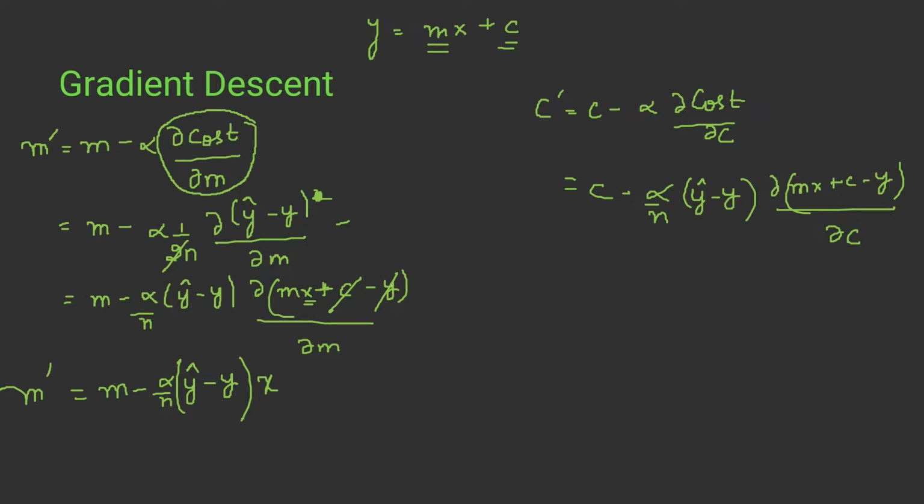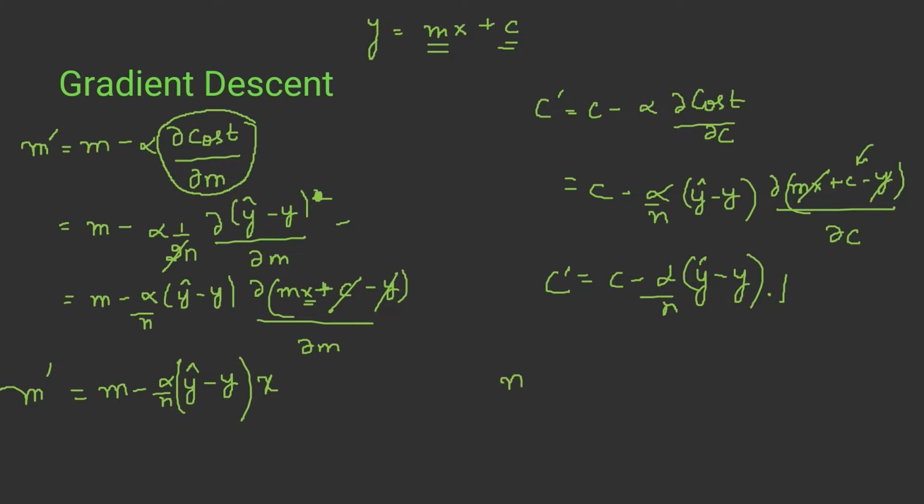And now when we differentiate this function with respect to c, this will cancel out, this will cancel out, and del c by del c equals 1. So we will be left with c minus alpha by n, y predicted minus y into 1. So this is our new value for c. Okay, so this is how we find the values.